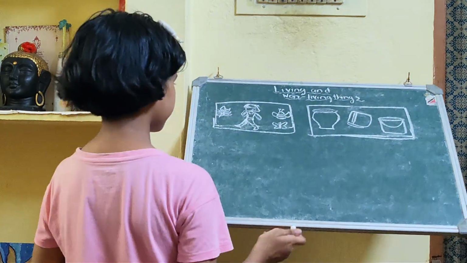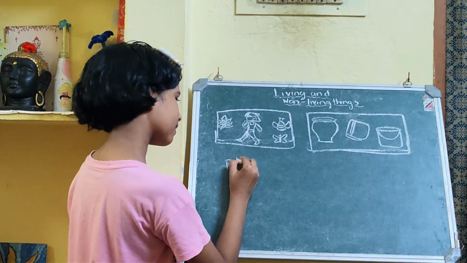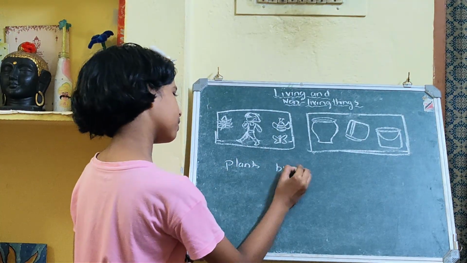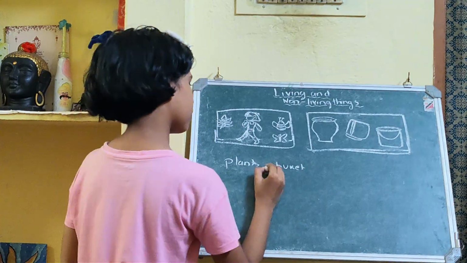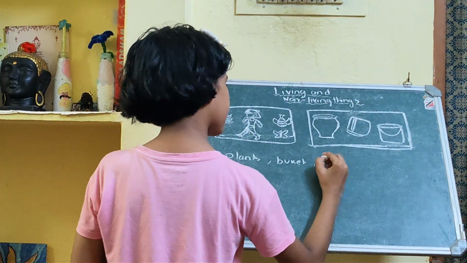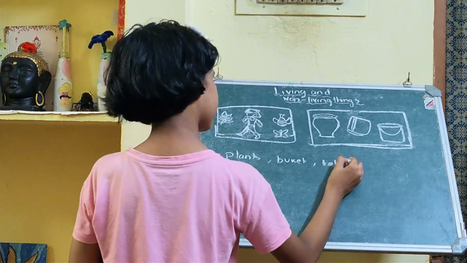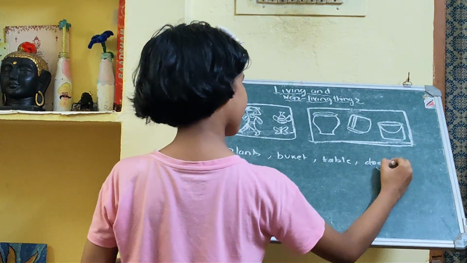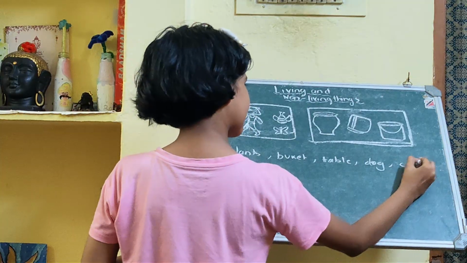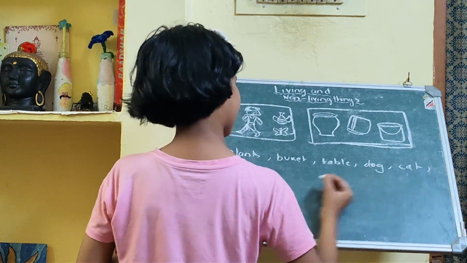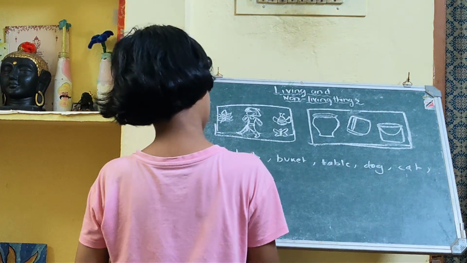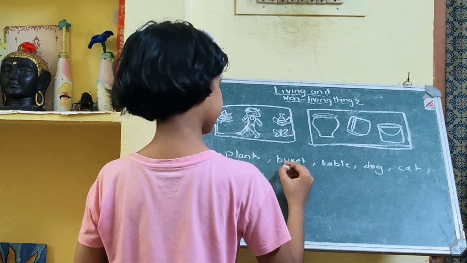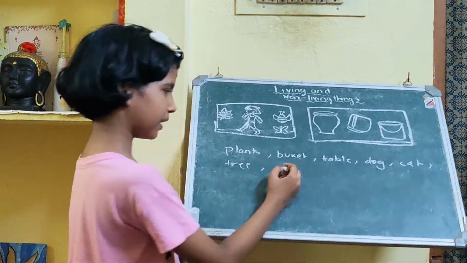So I'm giving plants, a bucket, a table, dog, cat, tree, and what else could be there?